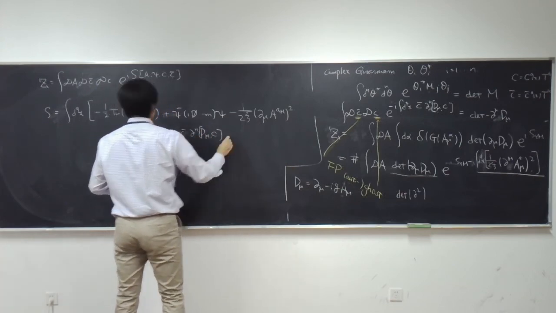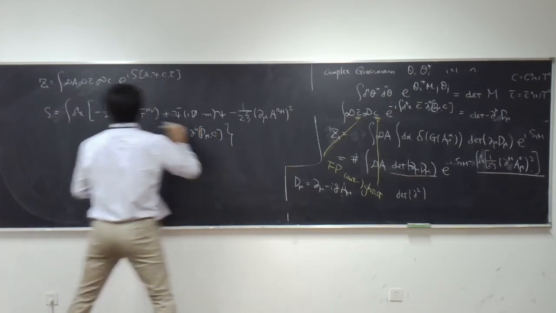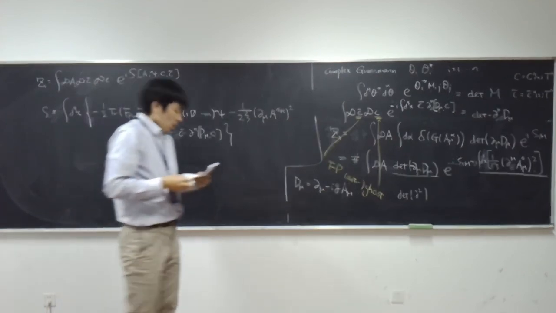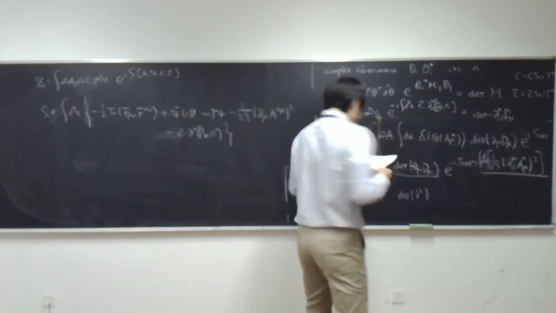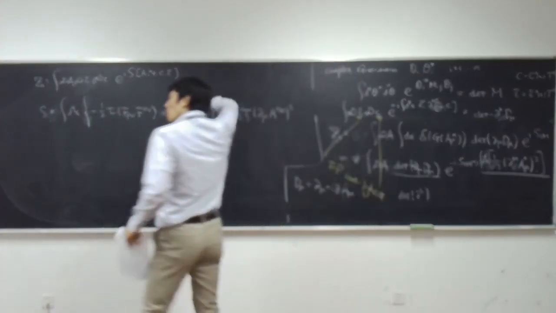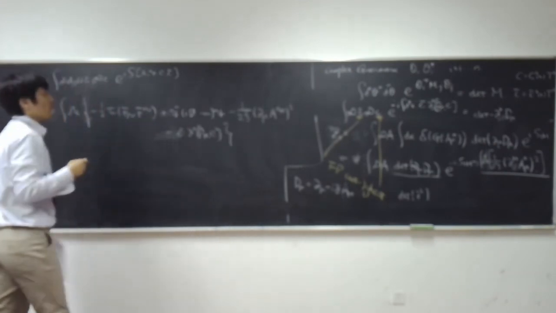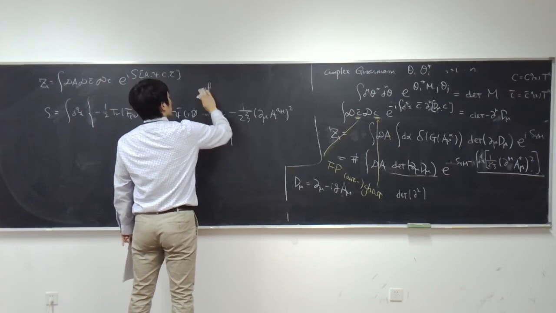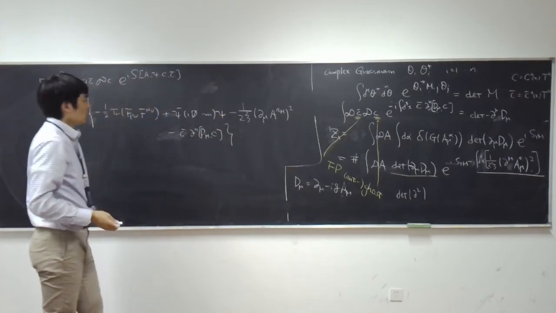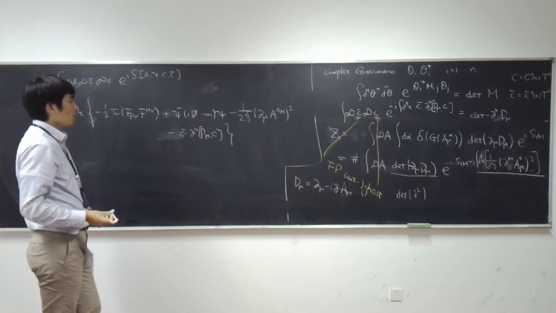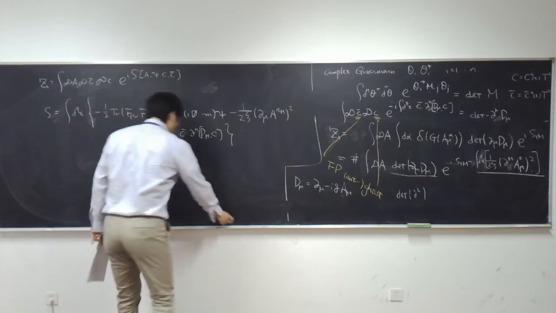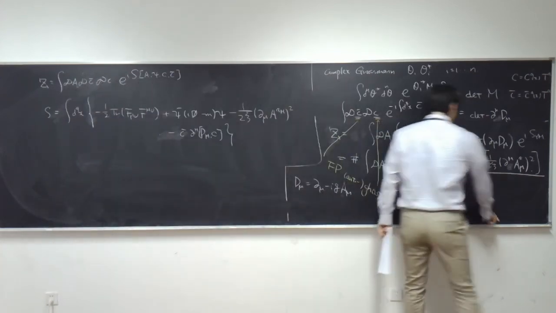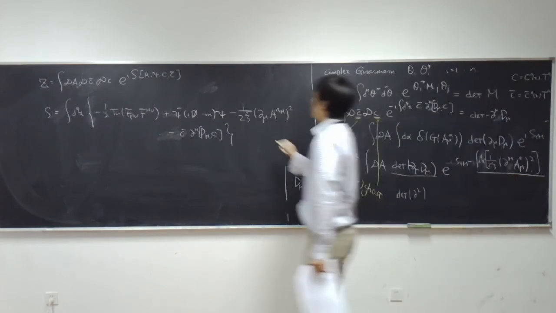Okay, so this is after gauge fixing. So this will fix the gauge, and the cost of the gauge fixing is these two terms, the gauge fixing term and the ghost term.